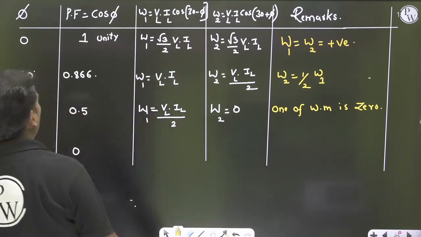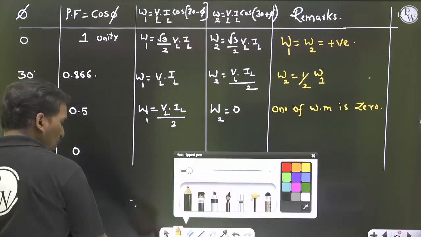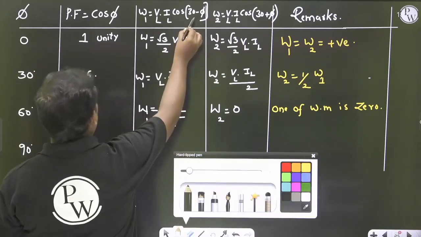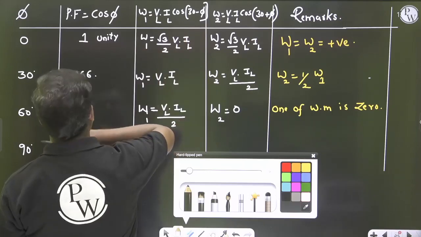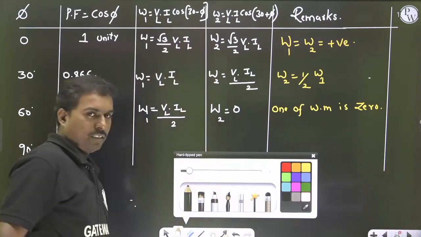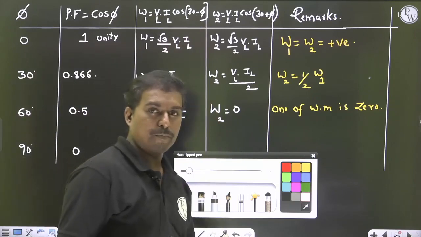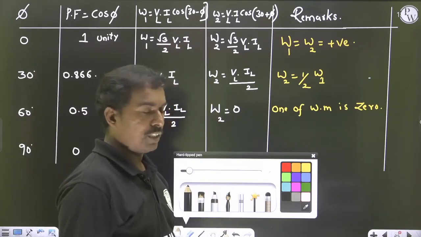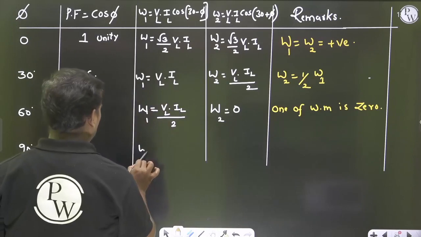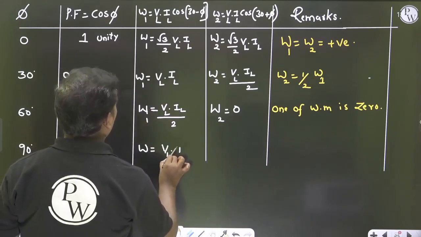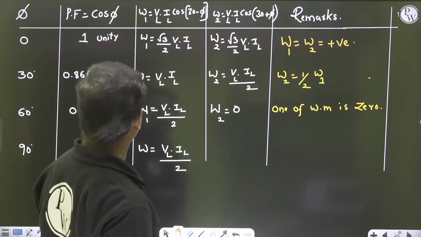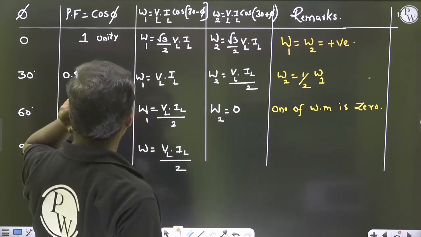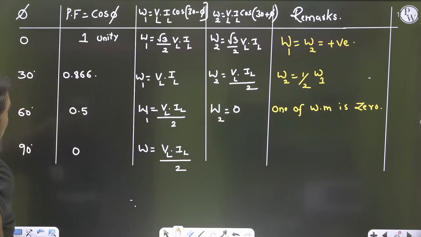Next, when power factor is 0, that means pure reactive load, phi is 90. Cos of 30 minus 90 means cos of minus 60. Cos of minus 60 means cos 60, so that will become half VLIL. And for W2, phi is equal to 90, cos 120.